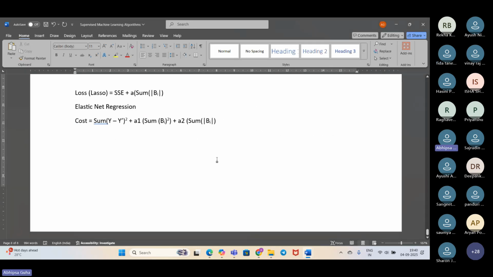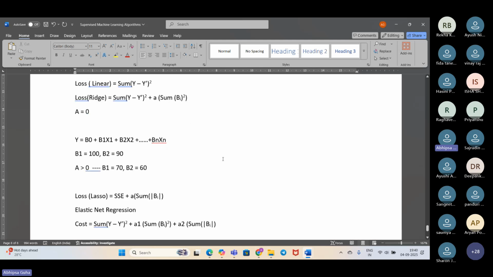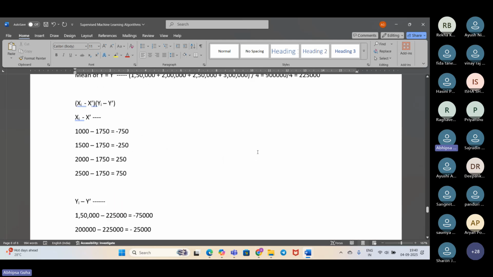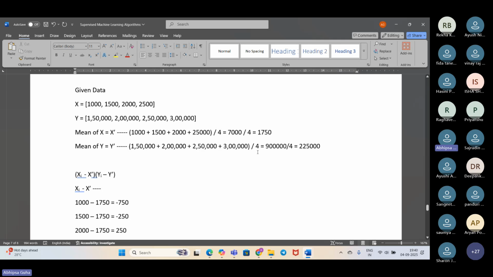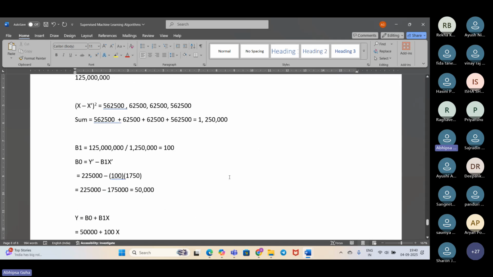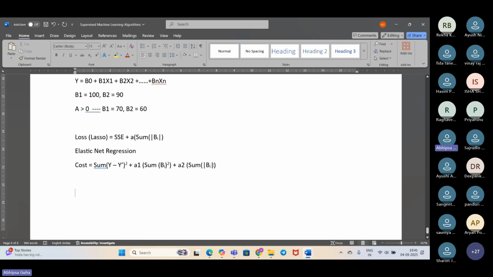So the cost function is different, right? Based on the cost function, I told you how the B1 and B2 values are calculated for linear regression. The cost function is different for linear regression, for ridge, for lasso, and also for elastic net.